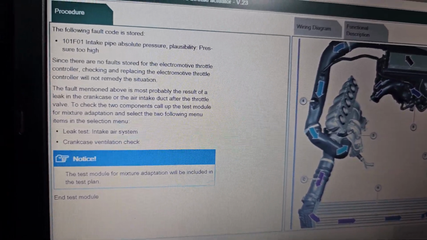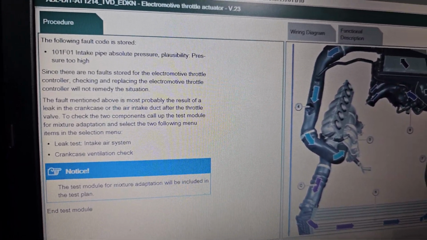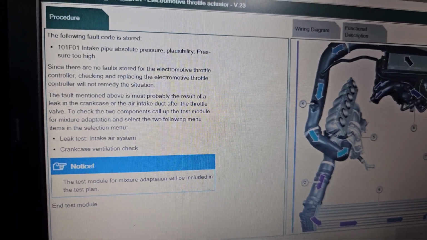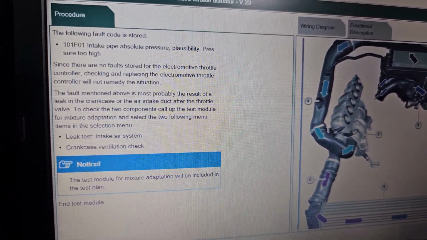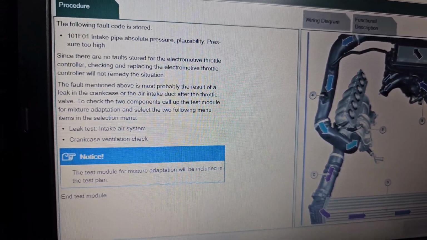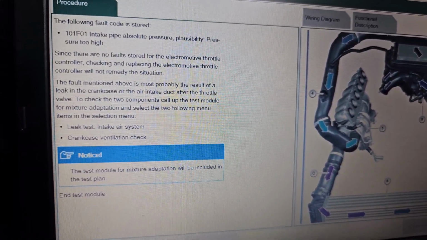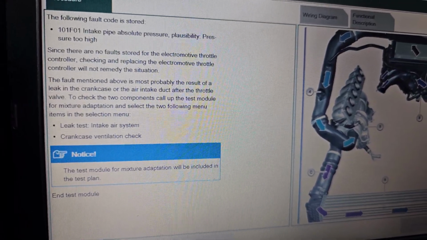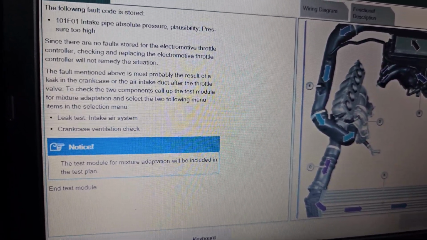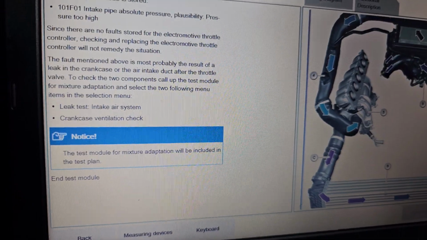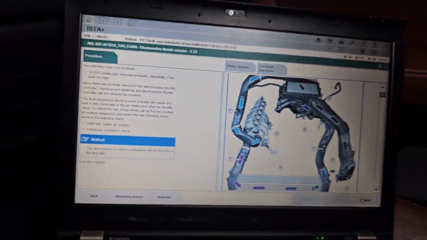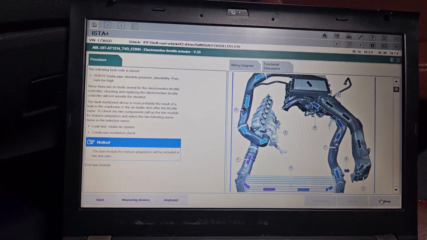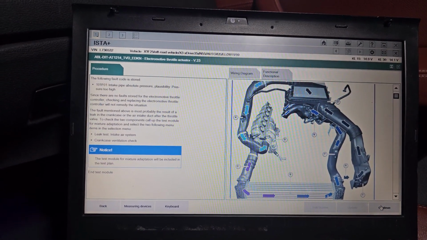The fault mentioned above is most probably the result of a leak in the crankcase or the air intake duct after the throttle valve. To check the two components, call up the test module for mixture adaptation and select the two following menus: leak test, intake air system, crankcase ventilation. So it looks like one of those things has an issue. It will be included in the test plan.